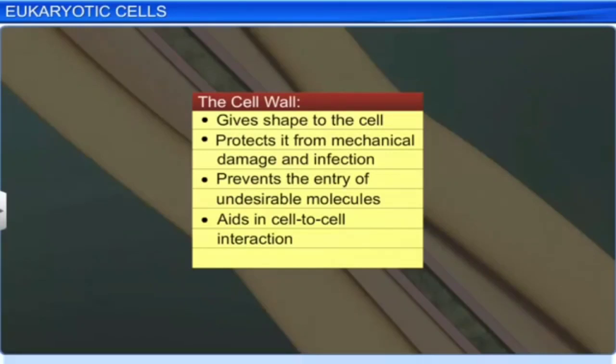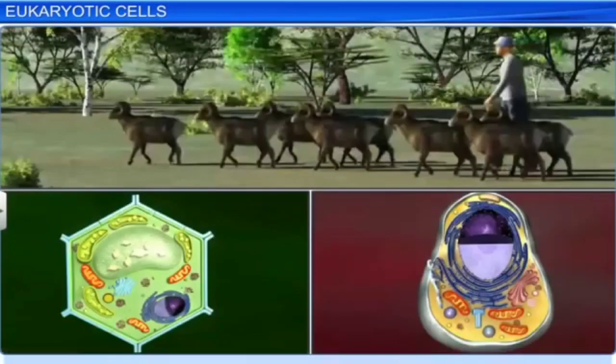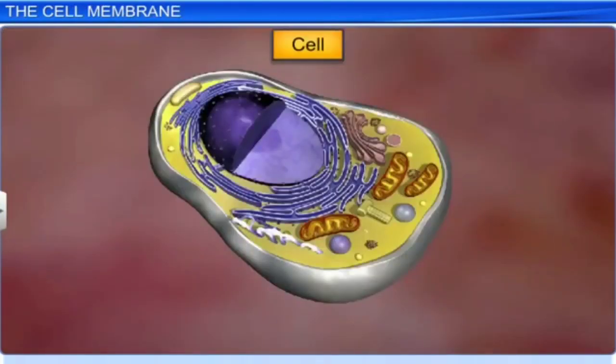Though a cell wall may be present or absent in different types of eukaryotic cells, these cells are the basic unit of life in many organisms, including plants and animals. The cell, the basic unit of life in all organisms, has several organelles embedded in its cytoplasm.